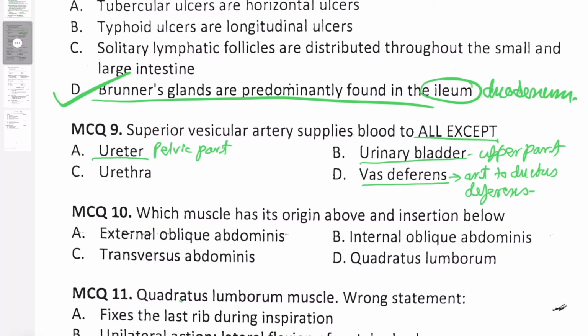However, the urethra is a perineal organ. It is found below the pelvic diaphragm. It's a part of the perineum. So it is supplied by branches from the internal pudendal artery. So remember, the urethra is not supplied by the superior vesical artery. So the answer is urethra.